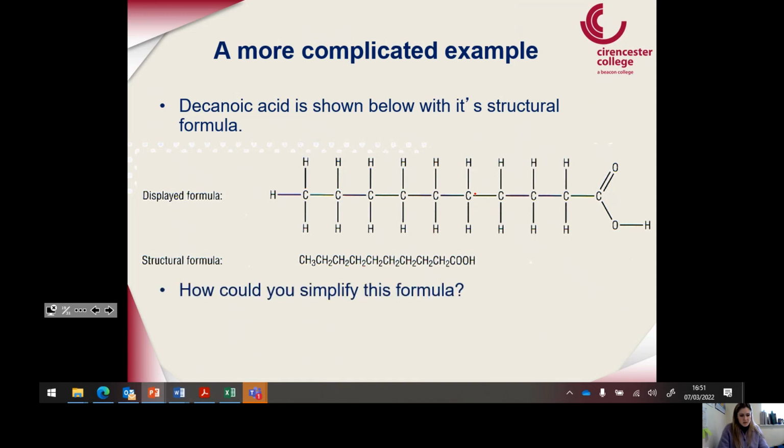Okay, so what you're going to do: CH3, and then grab all of these CH2s here and squish them into one bracket. So we've got 1, 2, 3, 4, 5, 6, 7, 8 CH2s. So we can just put them like that. And then you've got COOH, which is how we're going to show a carboxylic acid in structural formulae form.